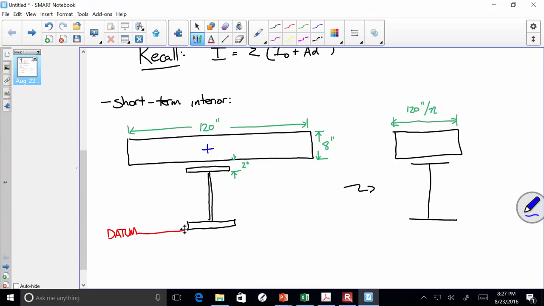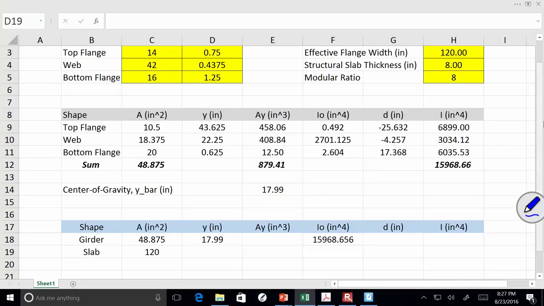Well, we go bottom flange thickness, the web, the haunch. We don't do the top flange thickness because that's already included, right? The haunch, and then half of this, right? So technically, if I wanted to be technical about this, I need another input.